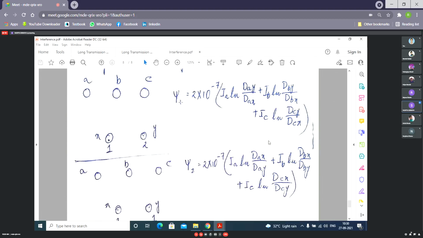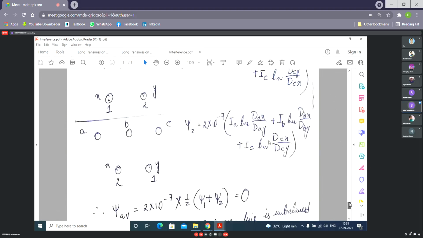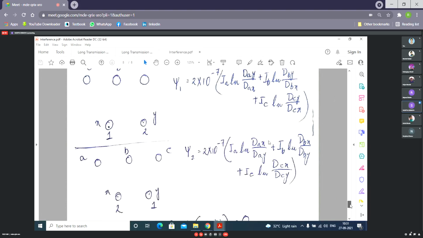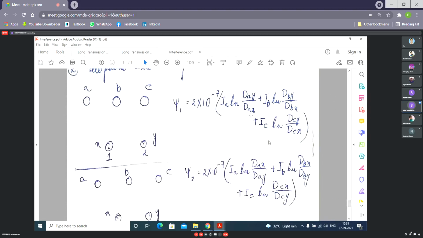Here this Psi1 does not mean it is of communication conductor 1. It means the total flux linkage in the conductors in position 1. This is the total flux linkage in position 2. So considering the average, it will be Psi1 plus Psi2 by 2. And you can understand that if we consider Psi1 plus Psi2, these will all cancel out.